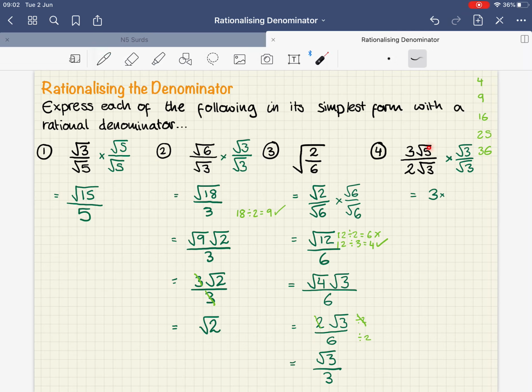And then I'm going to have this root 5 times root 3, so it's going to be root 5 times 3, which is 15, over. And then again, that 2 is just going to be sat at the front. And then I've got root 3 times root 3, which will just get rid of the square root sign, so it'll just be 3. And as we can see here, we've got 3 on the top and the bottom, so we can just cancel those out. So now I'm going to have root 15 over 2.